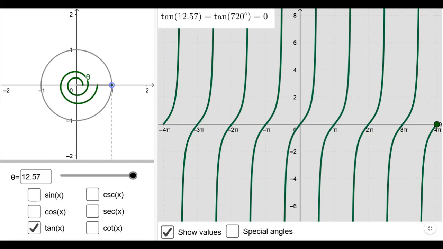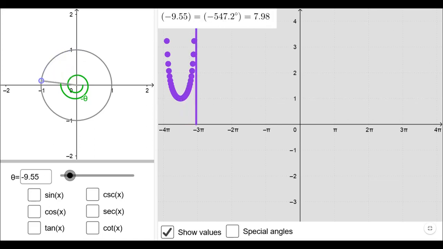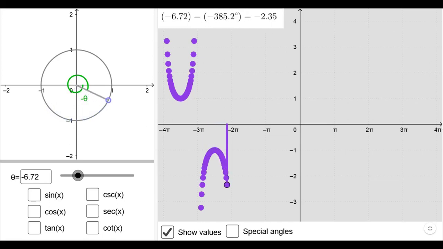Now let us take the function y is equal to cosec x. Here cosec x is not defined whenever x is a multiple of pi, because it is the reciprocal of sine, and whenever sin x is 0, cosec x is not defined. And cosec x will never take values between minus 1 to plus 1. That is, cosec x is either greater than or equal to 1 or less than or equal to minus 1.